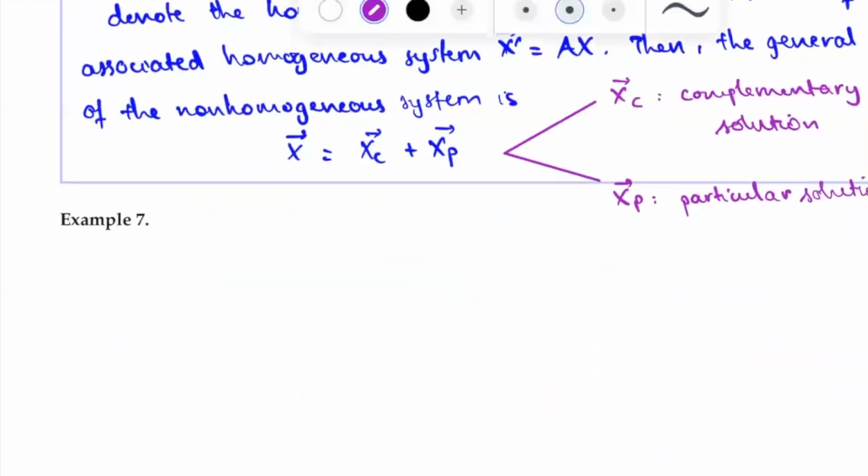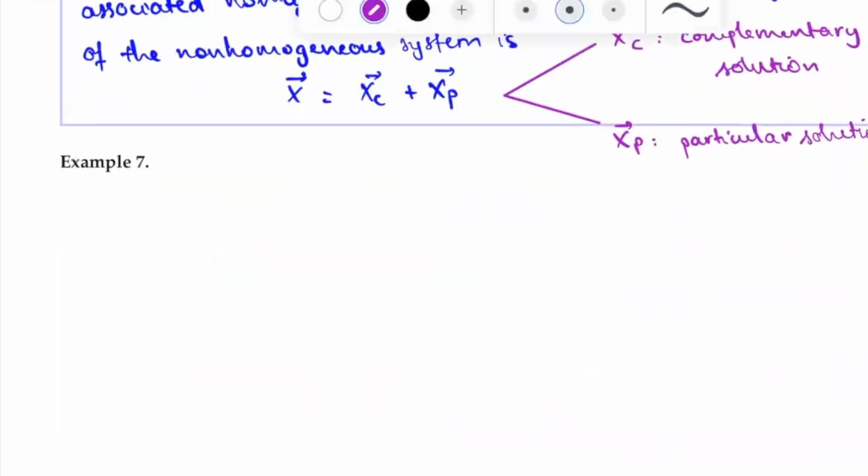Okay. So example 7, I'm going to demonstrate that. All of the solutions are given to us. Eventually, we will learn how to formulate this type of solutions, but for now, for the demonstration of the concept, all the solutions are given.